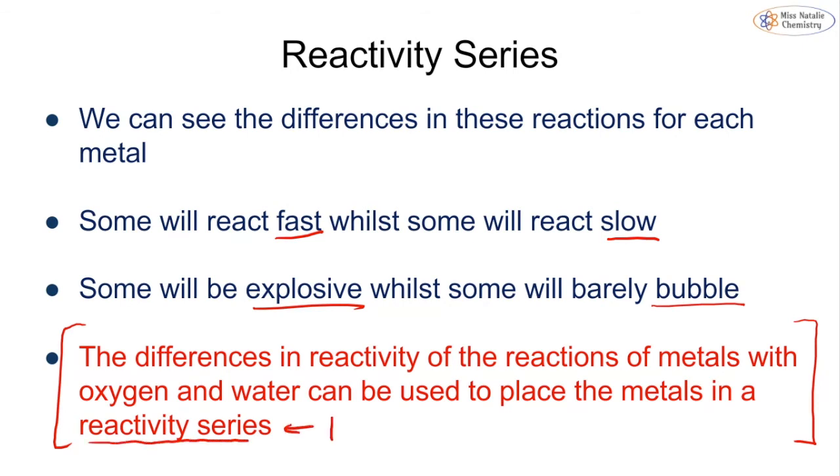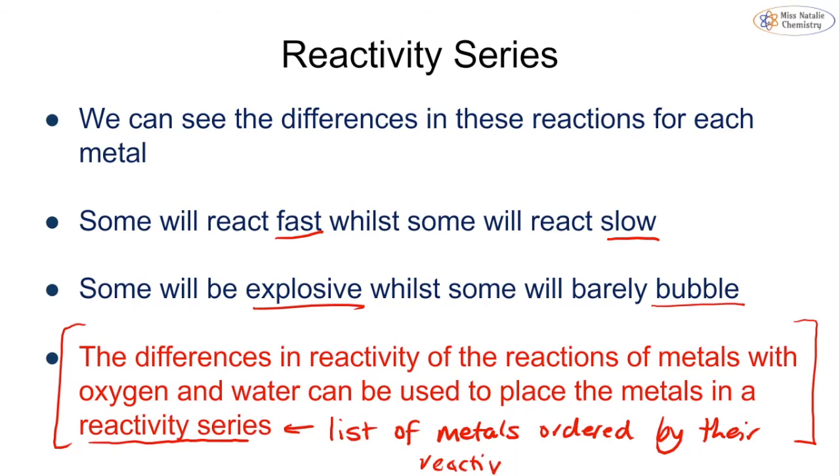A reactivity series is a list of metals ordered by their reactivities, meaning we have most reactive at the top and least reactive at the bottom.